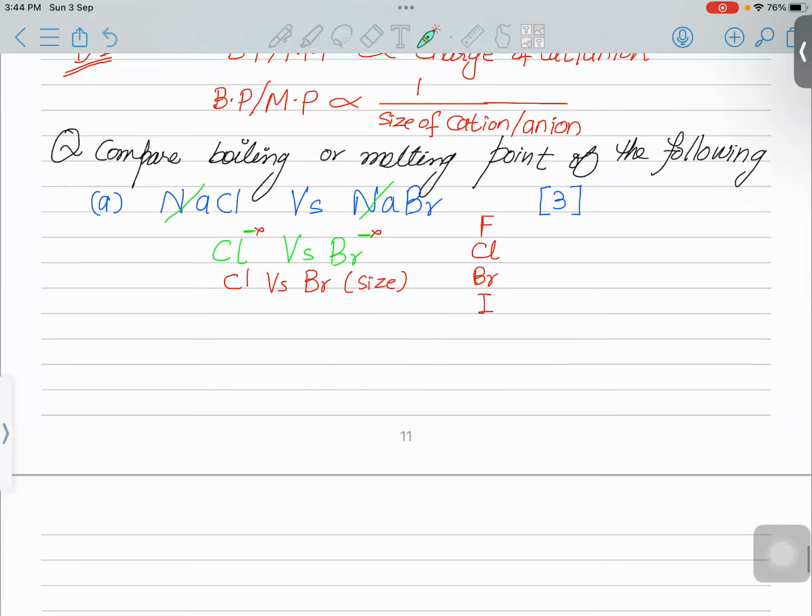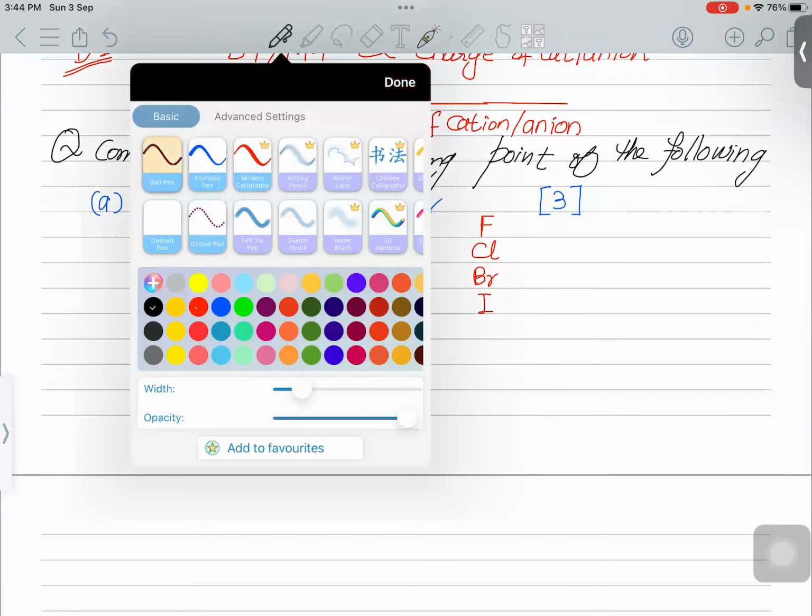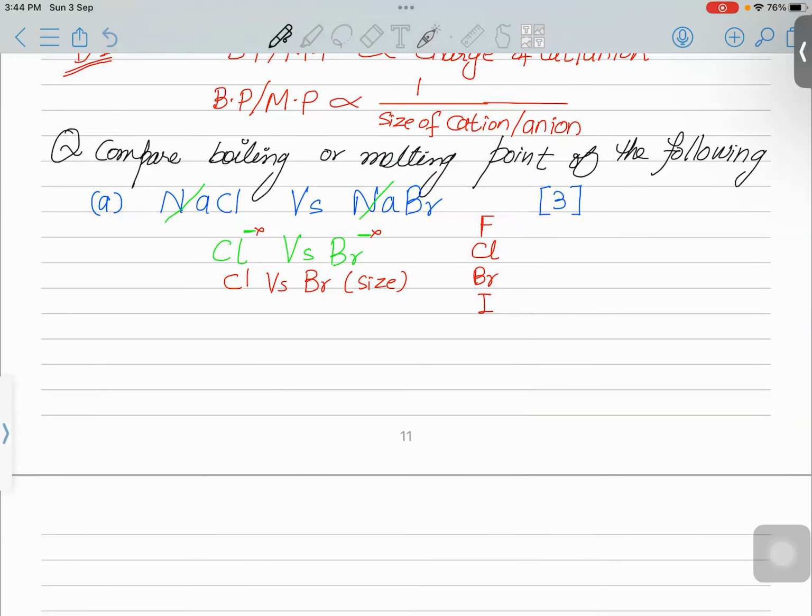Are you getting my point or not? Yes, sir. So the melting point of NaCl is greater than the melting point of NaBr. This is point number 1.